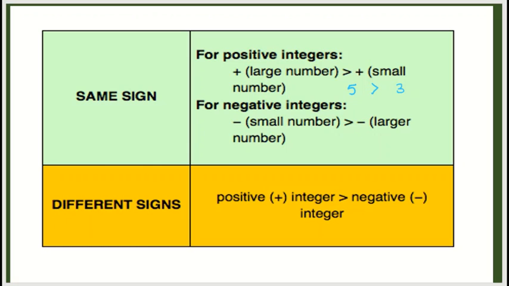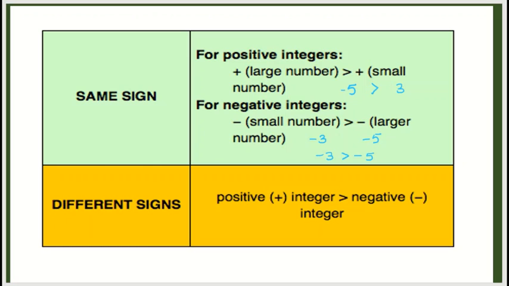Whereas if you take both negative integers, here I have taken minus 3 and minus 5. Then how to compare? Negative smaller number will be greater than negative larger number. That means minus 3 will be greater than minus 5.